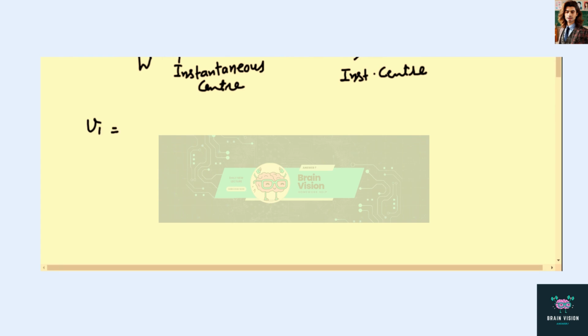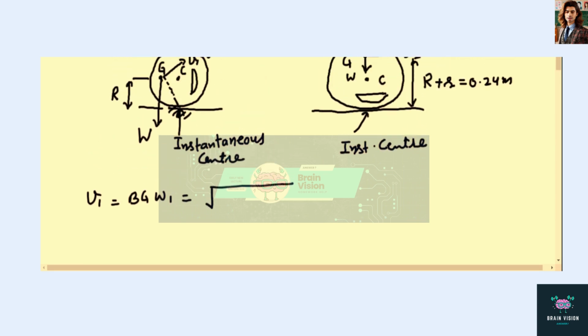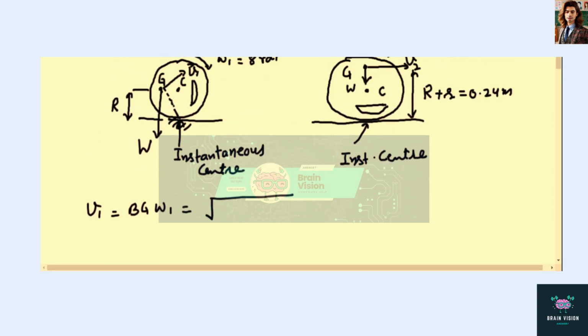V1 will be Vg times omega 1. The value of Vg you can find by Pythagoras theorem. See here, this Vg you have to find. This distance is a small r, and this is the radius. So you will get root of 0.06 squared plus 0.18 squared.